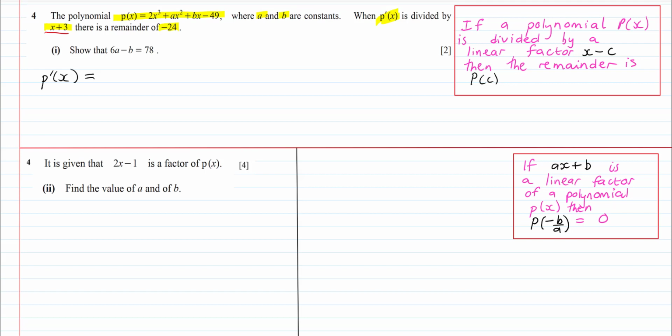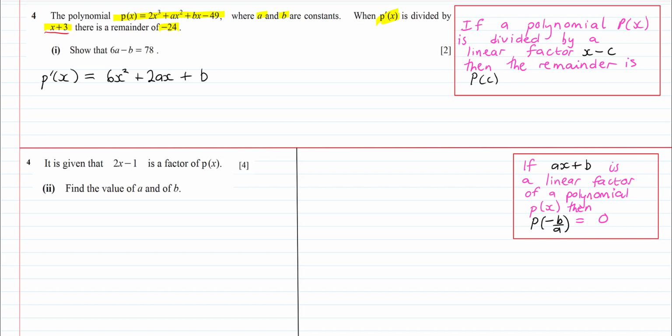For that first term, we've got 2 times x cubed, so the index is 3. 3 times 2 is 6, and we take 1 off the power, so we're going to have 6x squared. And then the second term will be 2ax, and the third term is plus b. And the constant term, minus 49, well, the derivative of any constant term is just 0.